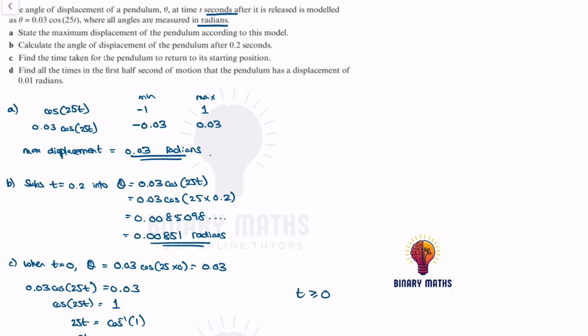That means the first time we get inverse cos of 1 is at 0, and the next time would be at 2 pi, and so on. Now, 0 obviously is not the one we want, because 0 divided by 25 gives you 0, which is the starting point. We want the next one, which is 2 pi. So t will be equal to 2 pi divided by 25.